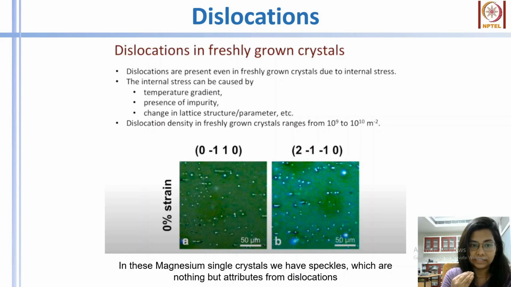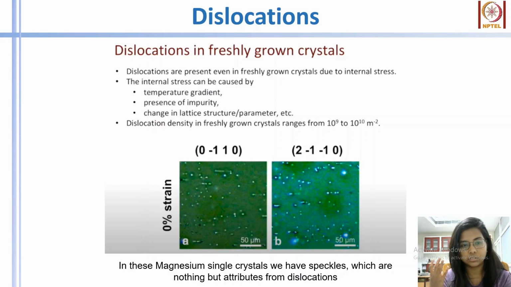And dislocation density. So dislocation density means what? Amount of dislocations per unit volume. So this is the definition of dislocation density. Dislocation density is the number of dislocations per unit volume of the material.